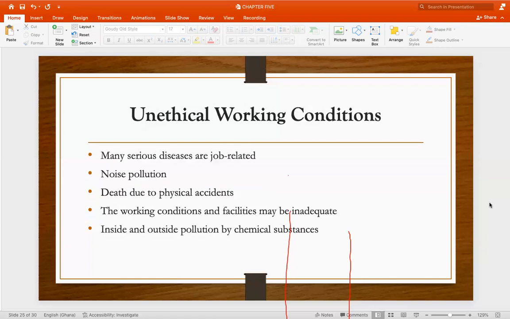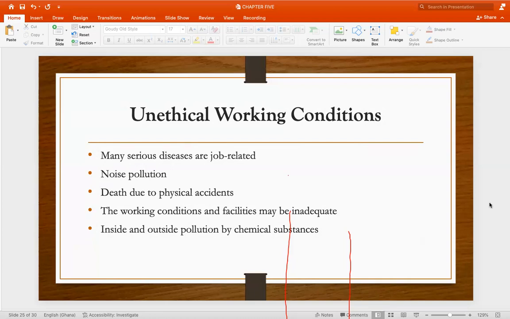Now, unethical working conditions, that has to do with the personnel, the health of the personnel. Many serious diseases are job related. Some are exposed to some radiations here and there, which is very harmful. But do you have the requisite working gear to protect them against such diseases that they stand to get at the job or at the workplace? Noise pollution.